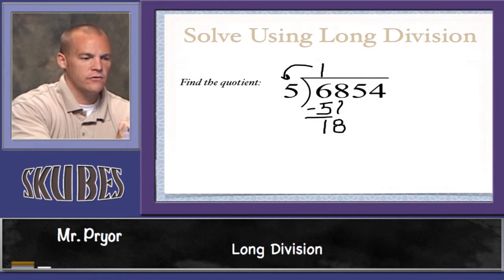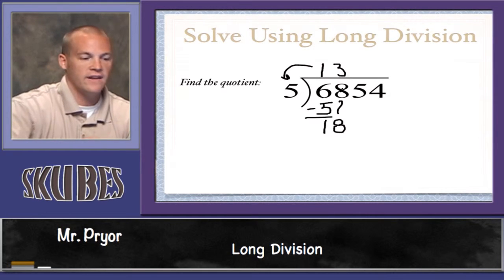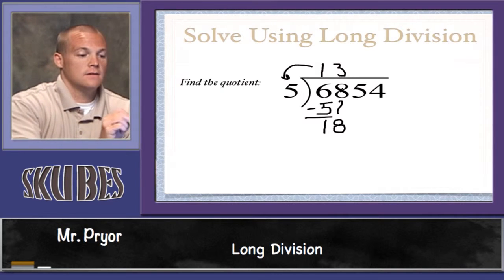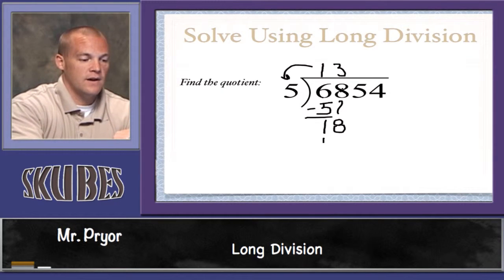So we're going to write a 3 directly above the 8 because though we've brought that 8 down, it's still the last number that we've divided into. So 5 into 18 is going to go 3 times. 3 times 5 is 15. And we'll subtract again. 18 minus 15 is going to leave us with 3.